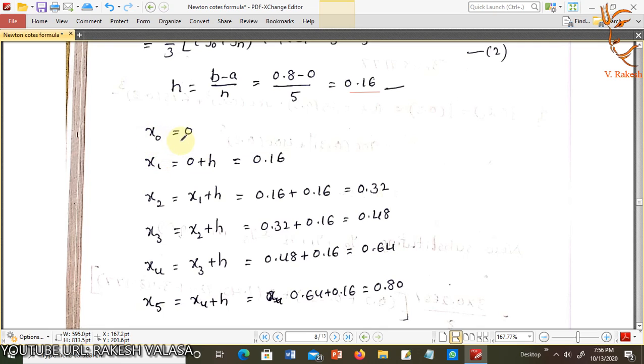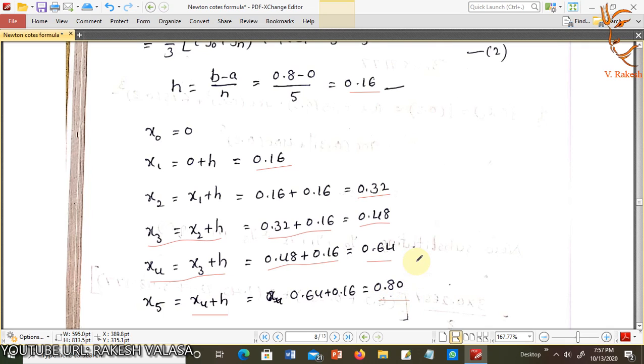That means x naught equal to starting value 0, x1 means x naught plus h, that means 0 plus 0.16, that is 0.16. x2 means x1 plus h, 0.16 plus 0.16, that means 0.32. x3 means x2 plus h, 0.32 plus 0.16, that equals 0.48. x4 equal to previous value plus h, 0.48 plus 0.16, that equals 0.64. x5 equal to previous value x4 plus h, 0.64 plus 0.16 equal to 0.8.